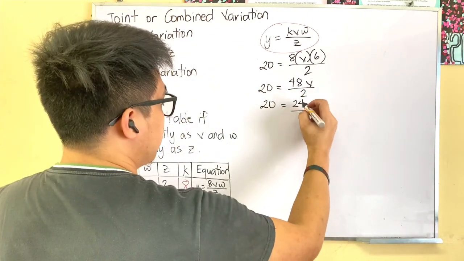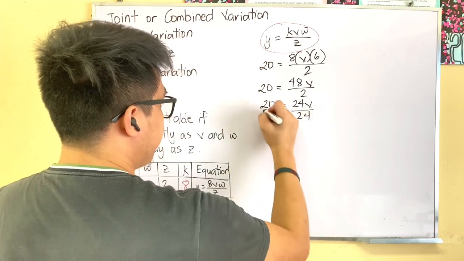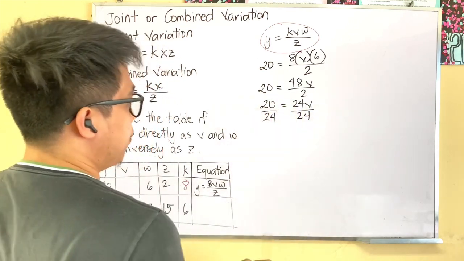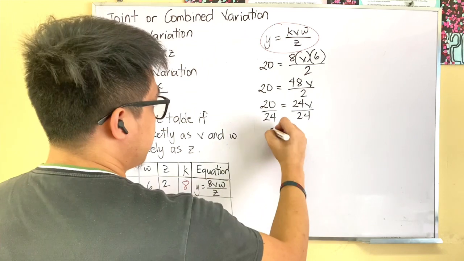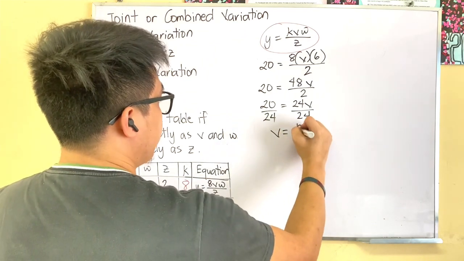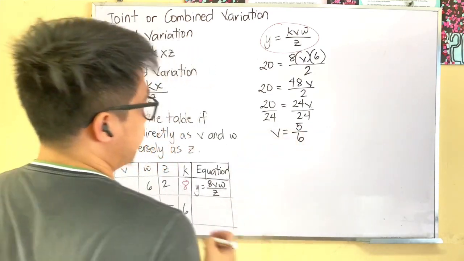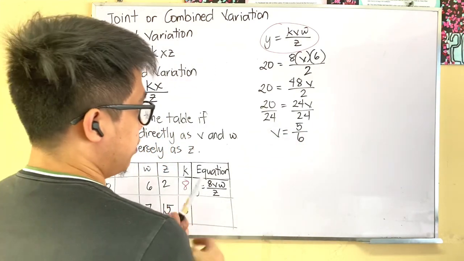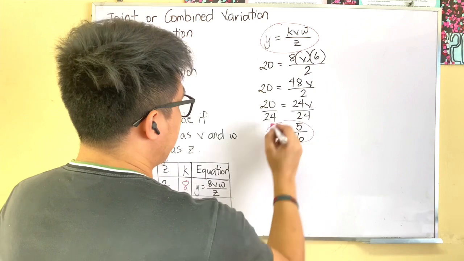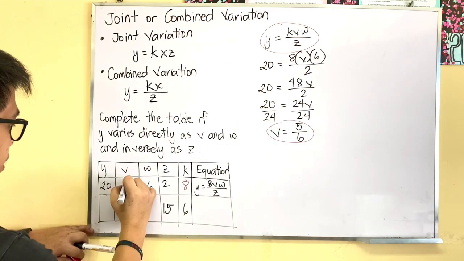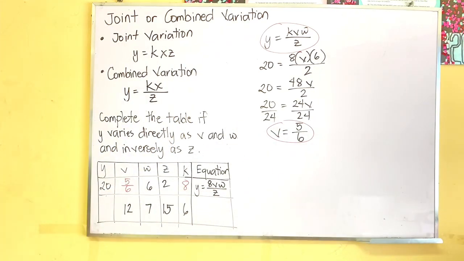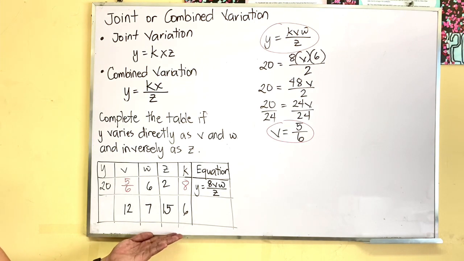Dividing both sides by 24. Therefore, magkakaroon tayo ng answer which is V is equal to 5 over 6. This will be now our value of V. 5 over 6. Okay, next example tayo.